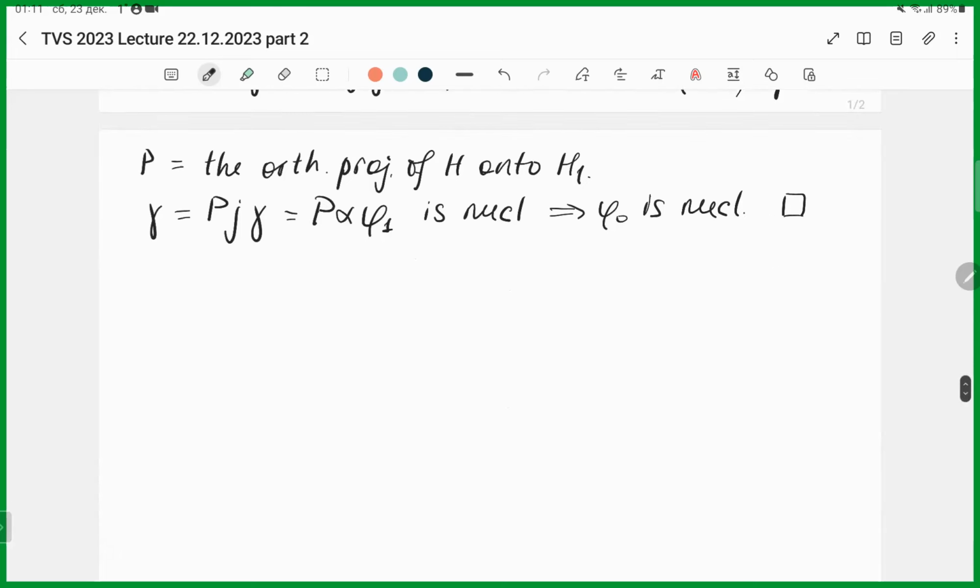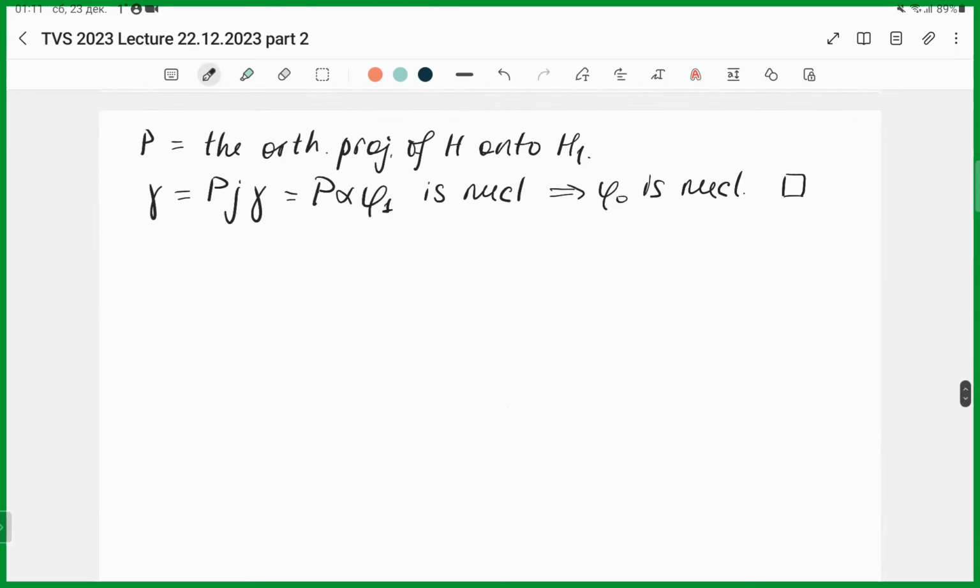Okay, now we can prove the following technical result, the following theorem, which will be one of the main steps in our approach to the Cartan-Serre finiteness theorem. And actually, this result is useful in other situations as well. Suppose we have two co-chain complexes, C and D, of Fréchet spaces.